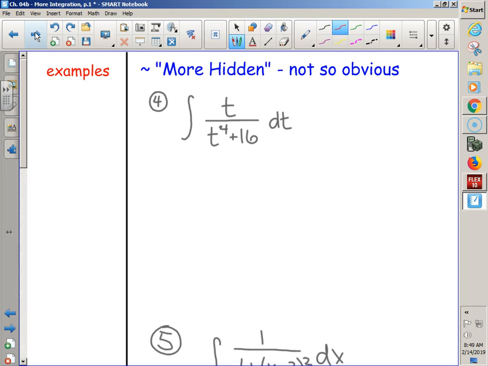Didn't we have u sub that was super straightforward and then u sub that was weird? All right. We have that for this too. No, this isn't inverse trig. There's no 1 over. If you made u t to the 4th plus 16, wouldn't du be 4t cubed?